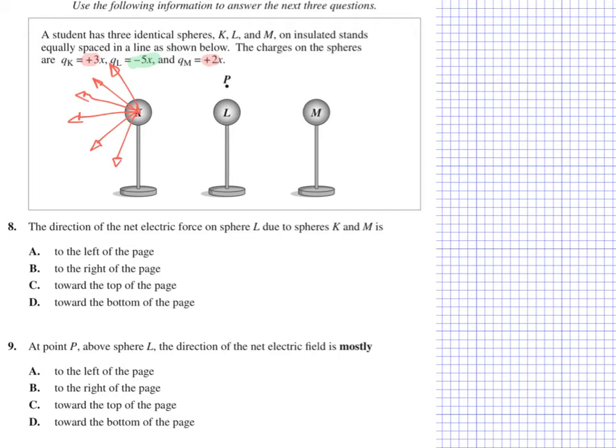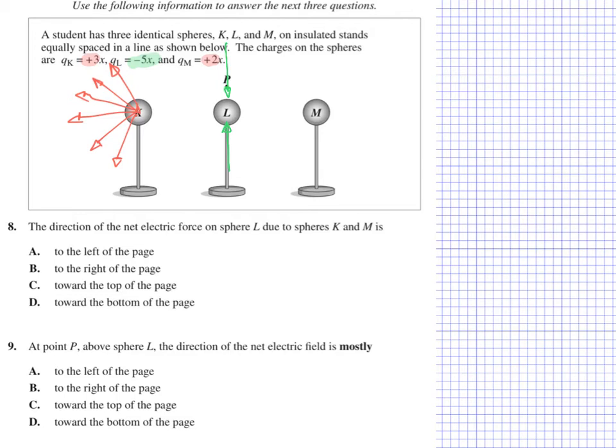However, because sphere L here has a negative charge, hopefully you can remember that with a negative charge, the field lines go towards the negative charge. So if I was to draw all my field lines in isolation, I would draw them all coming in from different points.